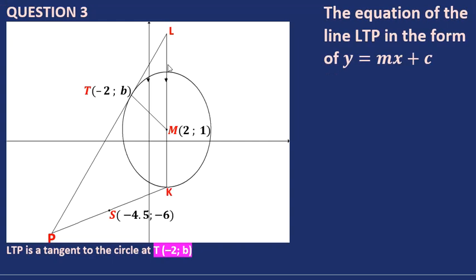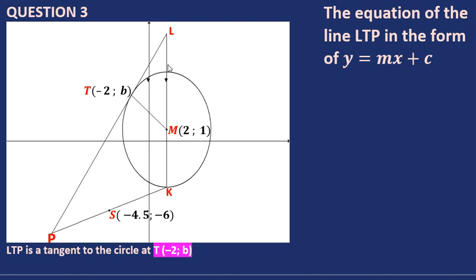In question 3, we are asked to find the equation of line LTP, and we must write it in the form of y equals mx plus c. So the first thing that we want to find is the gradient of line LTP. We want to find m. So we can actually use the gradient of TM.